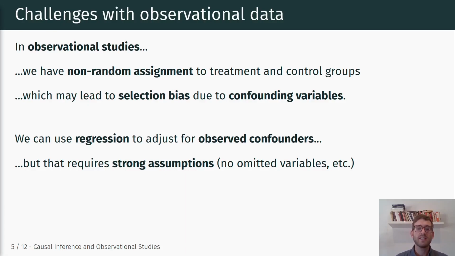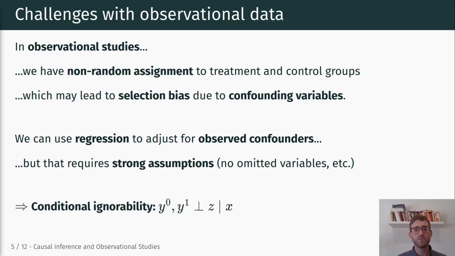But the assumptions don't end there. If we use regression, all of our regular regression assumptions about linearity and so on also have to hold. But if we can assume that we observe all confounders, all the factors that impact treatment assignment and the potential outcomes, then we can assume conditional ignorability.